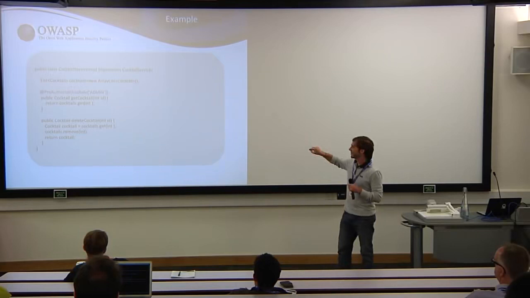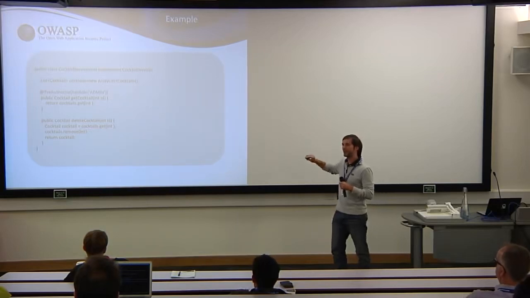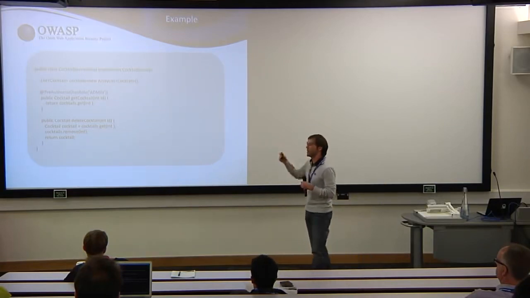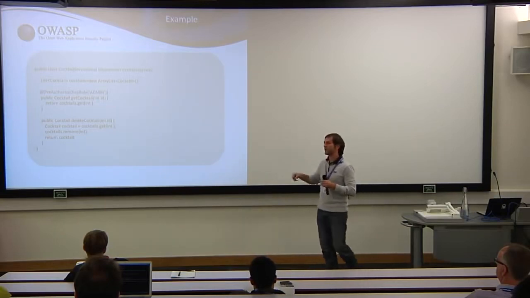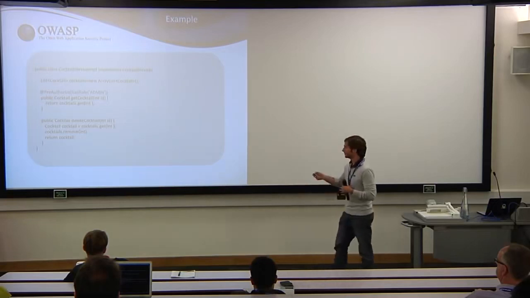It's accessing the same exact operation, the same variable. It's actually the class member, and it's accessing the same method on the same variable. However, this one is not protected. So we can infer from here that maybe the developer forgot to place an authorization check in deleteCocktail because of the set of operations that are being protected in a different method.